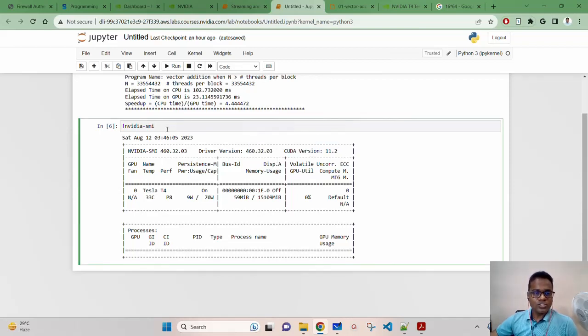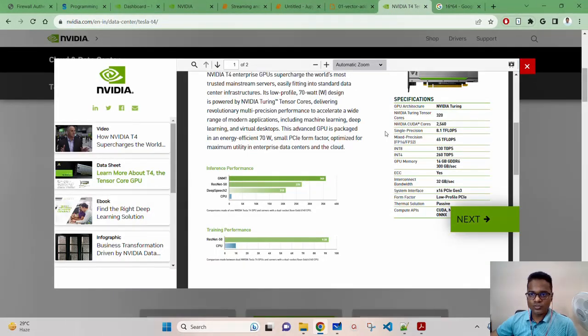Now, with respect to this GPU, we need to find out what these limits are. First of all, we'll try to understand how many cores and how many streaming multiprocessors are present here. If you Google the T4 specifications, I found on one of NVIDIA's blogs that this is the NVIDIA Turing architecture.